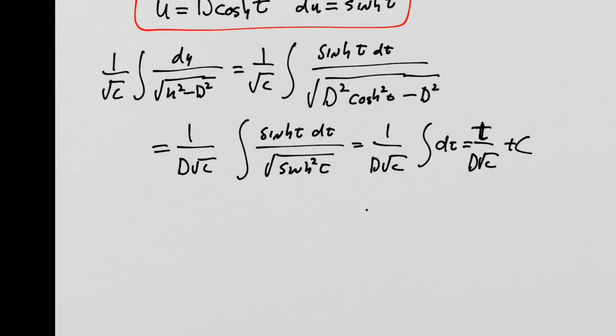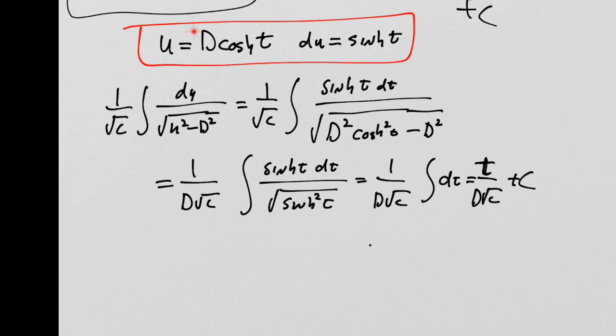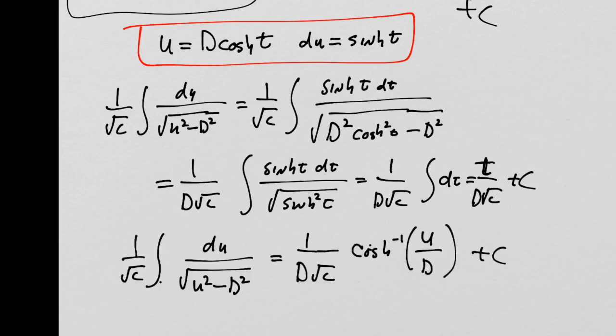And once you have this configuration as your answer, whenever you can get the integrand to zero out, you know that you're going to deal with an inverse function, because now you've got to invert u. You've got to find t as a function of u. So the only way to do that is the inverse hyperbolic cosine. So you're going to end up with the statement as such.